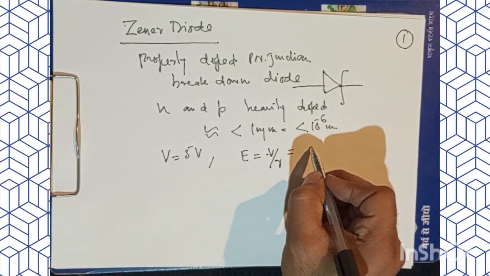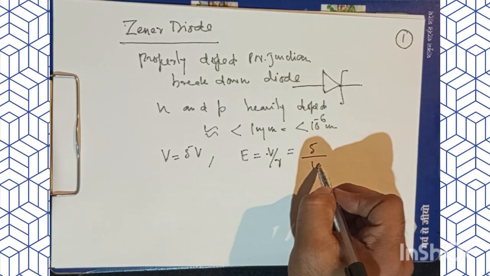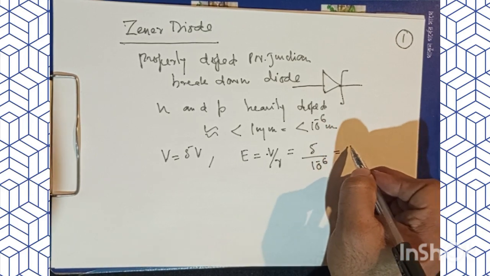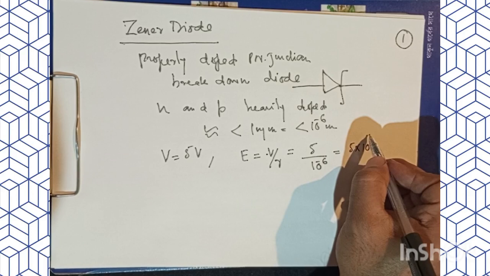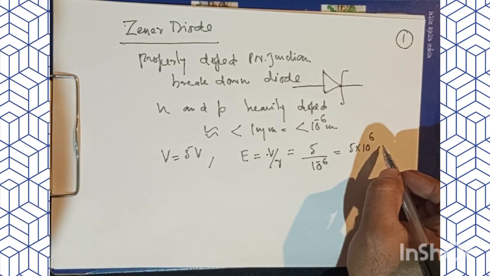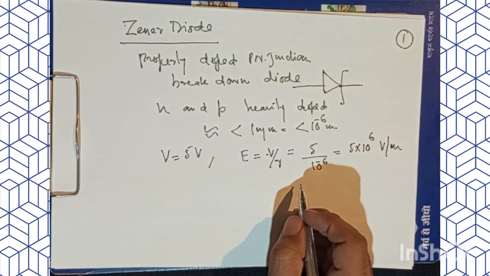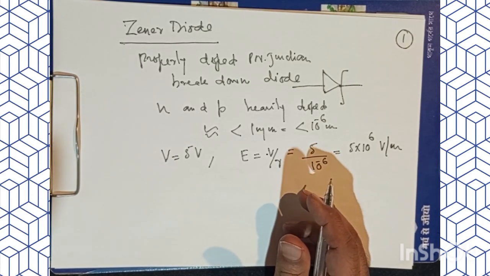If I choose V as 5 and the thickness of this depletion layer as 10 to the power of -6, then we're going to have an electric field of the order of 5 into 10 to the power of 6 volt per meter. So this is a very strong electric field that is set up across the junction of the diode.